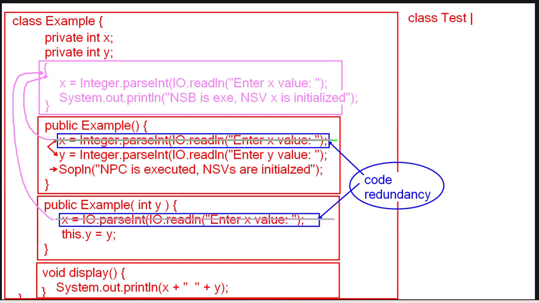class Test { public static void main(String[] args) {. Inside, I am creating Example e1 = new Example(). Tell me, did I call any member in this line?